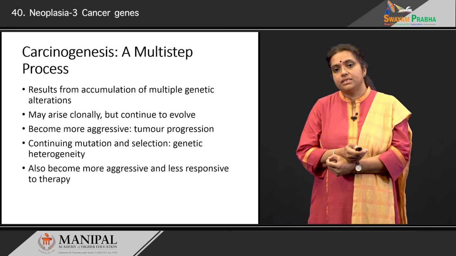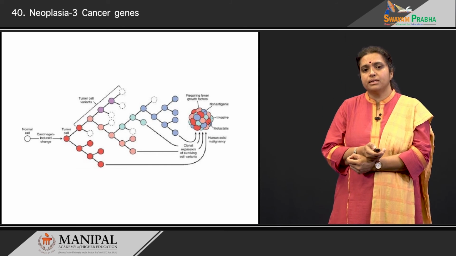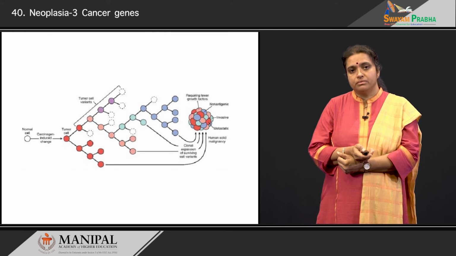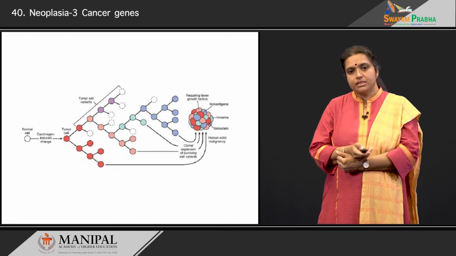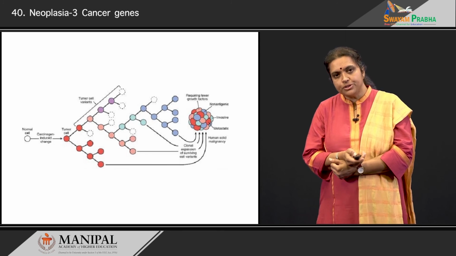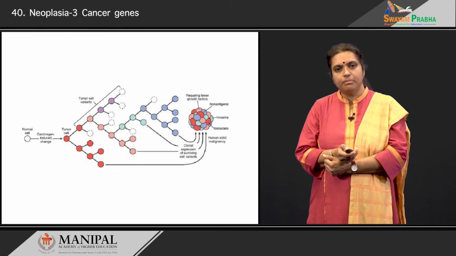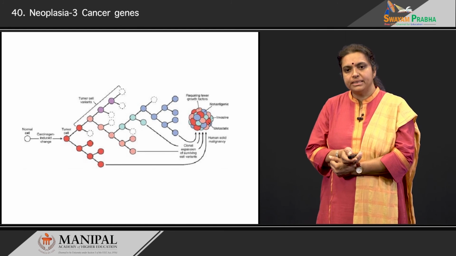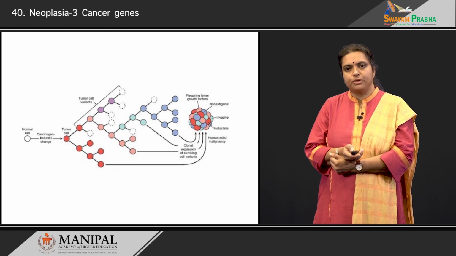So, this causes a genetic heterogeneity within the cancer. It is shown in this picture. A normal cell is there, there is damage induced by a carcinogen which makes it into a tumor cell and it starts to progress, but then within the tumor cell it acquires additional changes and subclones develop of these tumor cells, and finally you have a ball of tumor which has different subclones of cells with different properties.